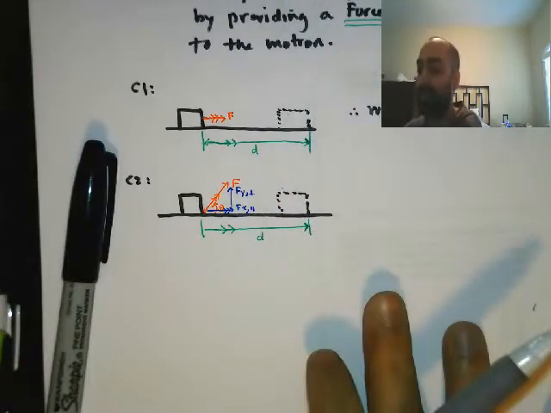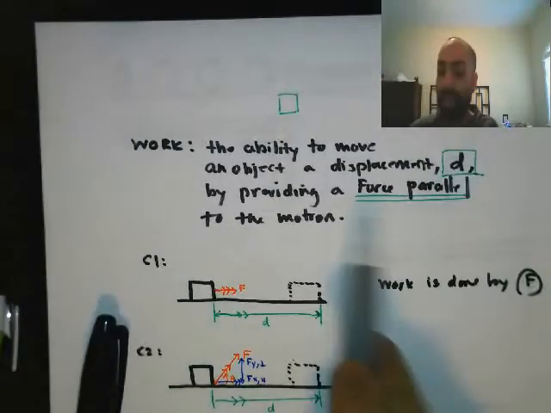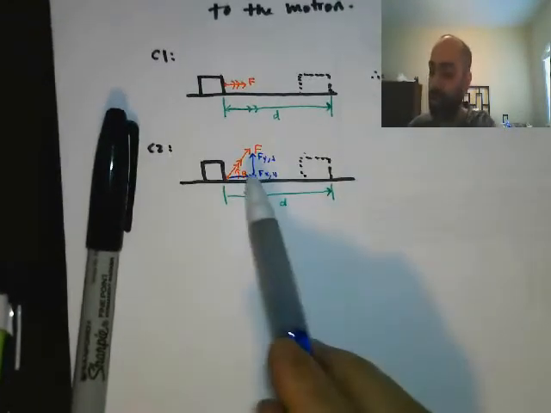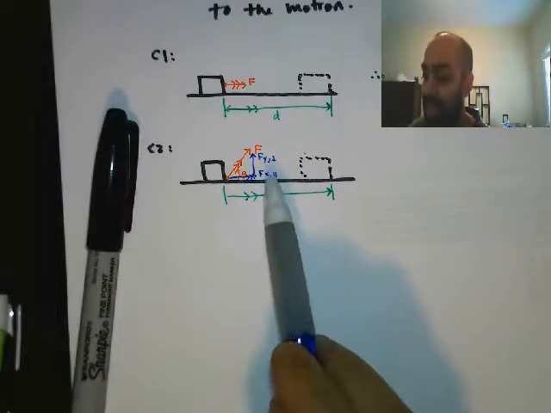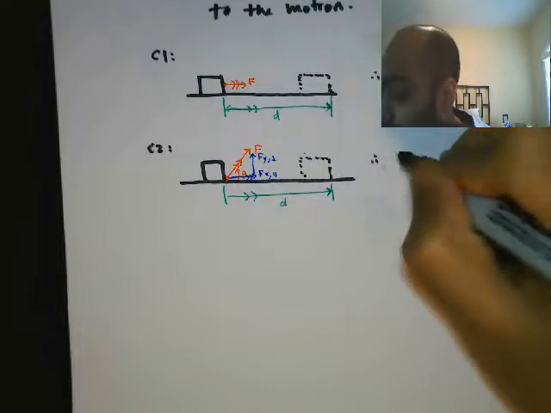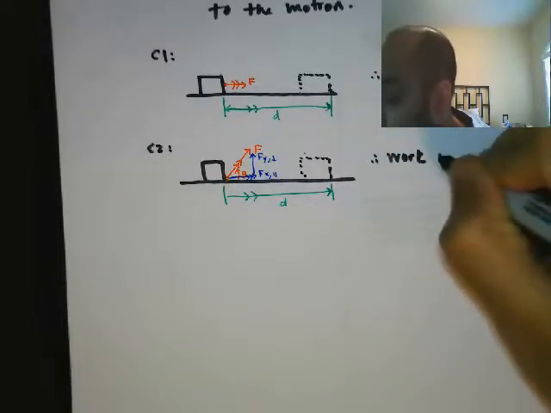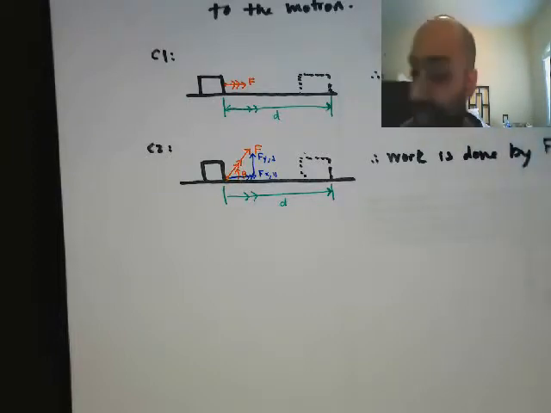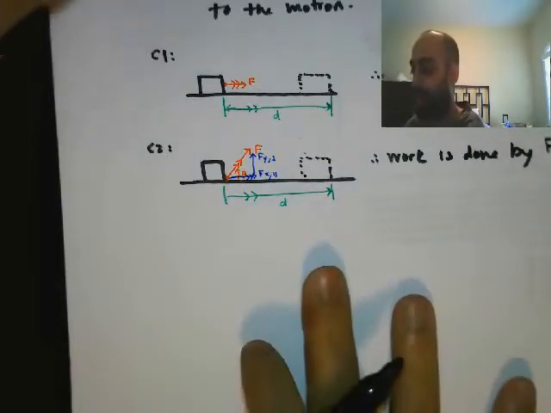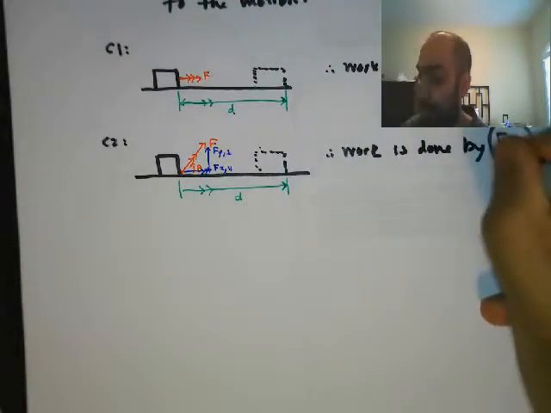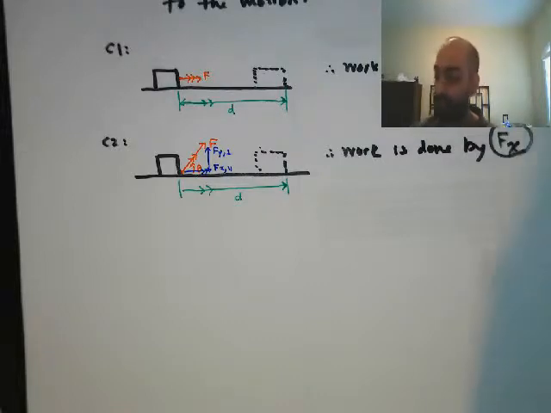Remember that the work is always done by providing a force parallel to the motion. Well, of these two components, only this horizontal blue, which I called Fx parallel, is going to be parallel. So therefore, the work is done by Fx in this case. So the work is going to be done by only Fx in this situation. Let's look at a third case here.